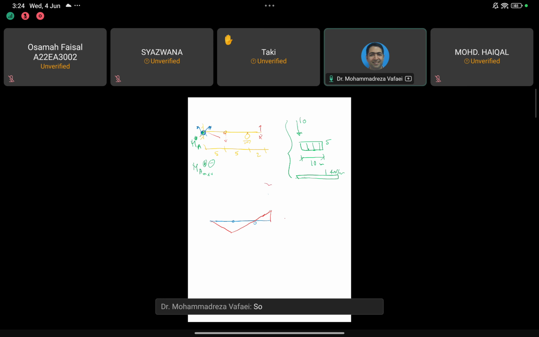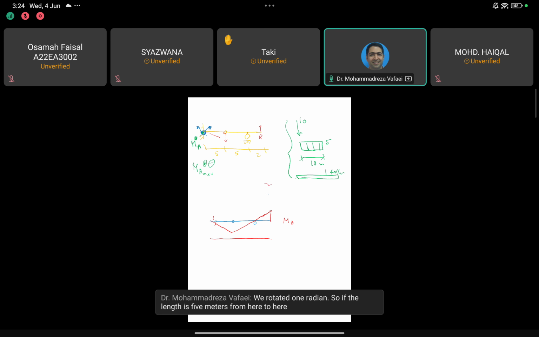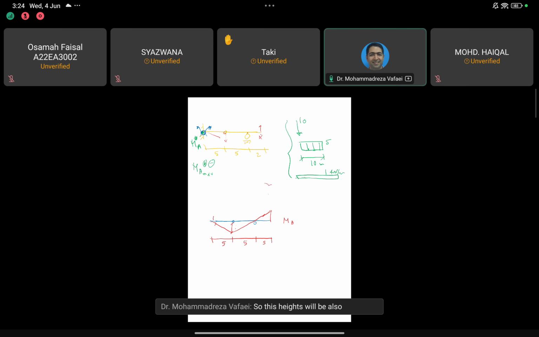So this is the influence line for MA. And we said we rotated 1 radian. So the length is 5 meters from here to here. So this height will also be 5, because from mathematics we know 5 multiplied by 1 radian equals the height in front of the angle.